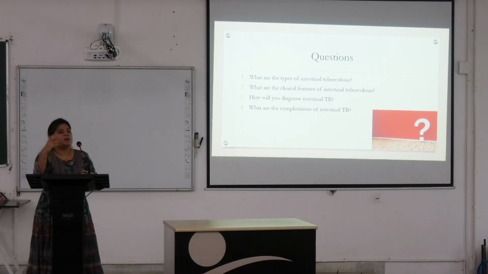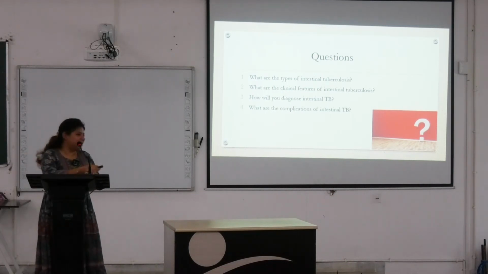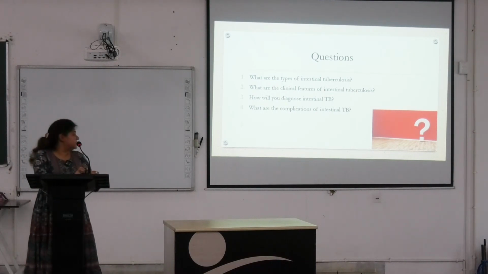And apart from that, there can be stricture formation. So there can be loss of appetite, perforation, and the features of perforation. Guarding, pain, bleeding. How will you diagnose intestinal TB?